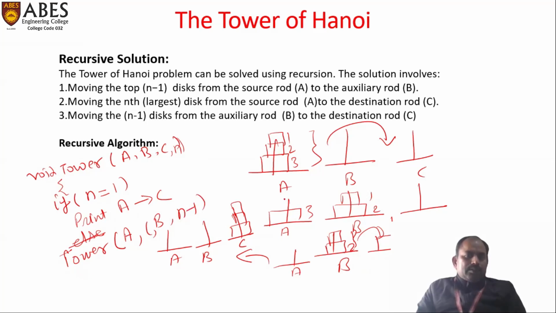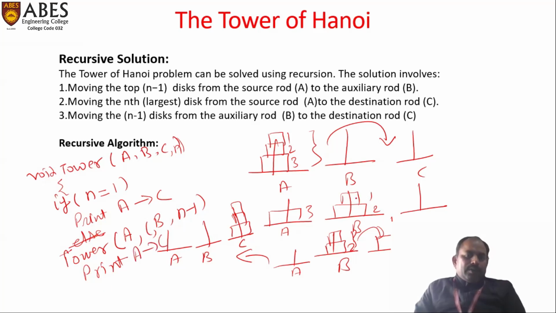We have moved these disks to rod B using C. In the second step, we print. The largest disk is at place A, and we can move it to C, so we print A to C.